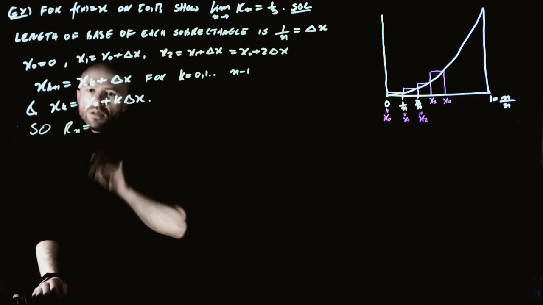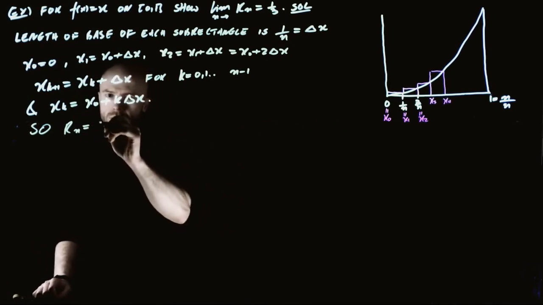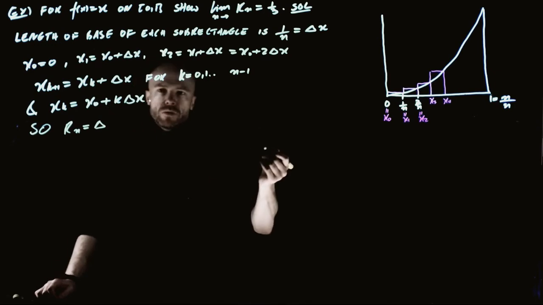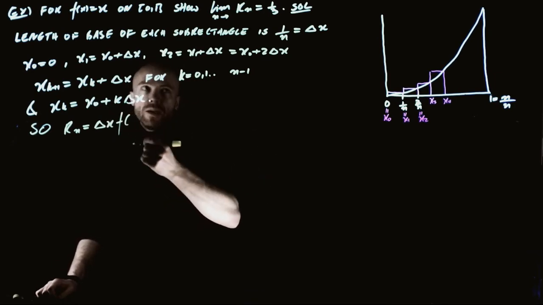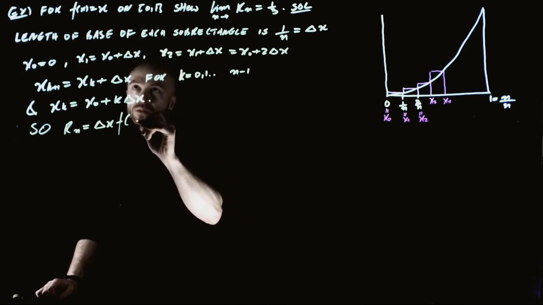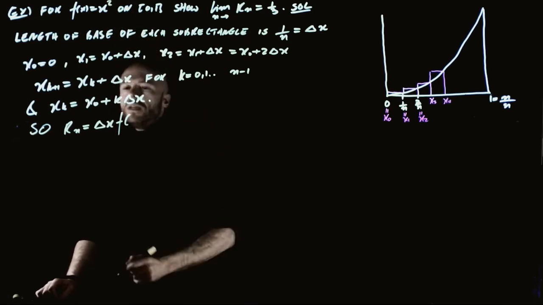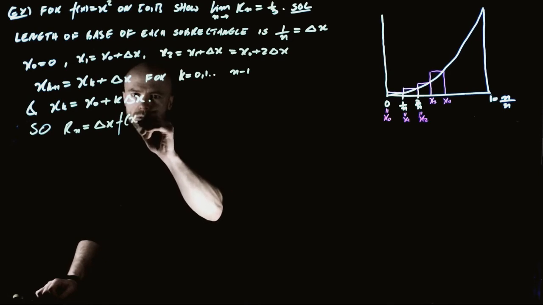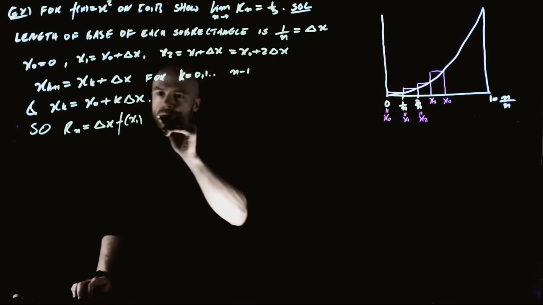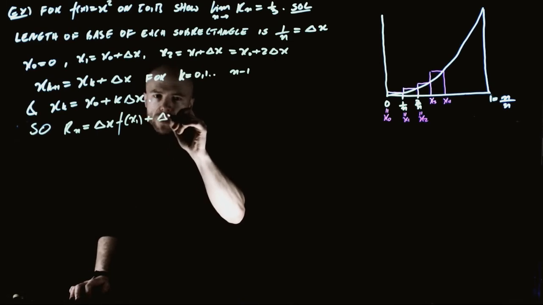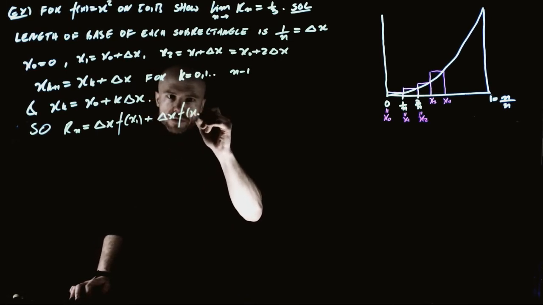Rn is equal to the base times the height of the first rectangle. So delta of x is the base, and the height of the first rectangle is given by f of x1. That's the first one. That's this guy right here. Plus the next one, delta of x, f of x2.